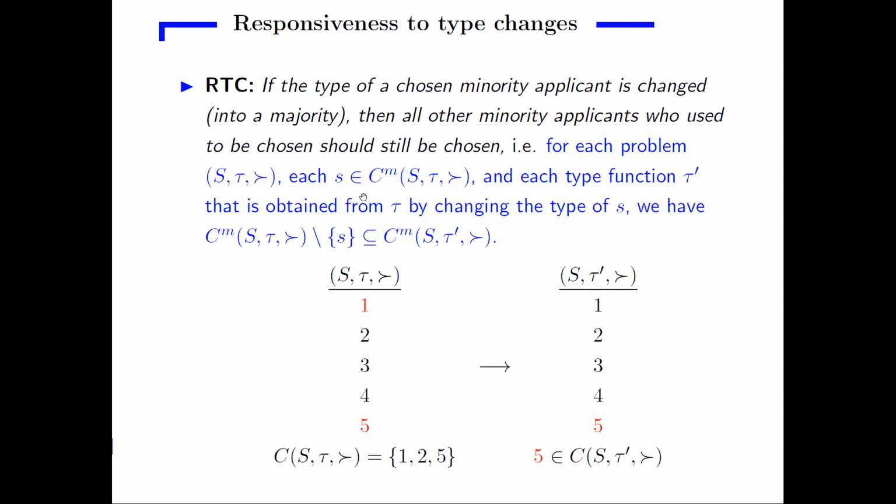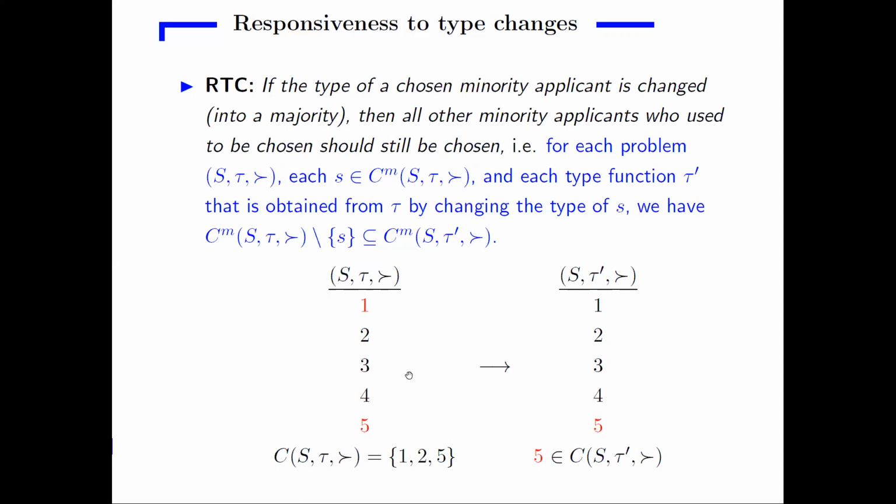Pick any choice problem, pick a minority who is chosen from that problem, and now think of a type function which is obtained from the original one by changing the type of this guy. Since he is no longer a minority, it might very well be the case that he is no longer chosen, but this shouldn't affect the choice of other minorities.